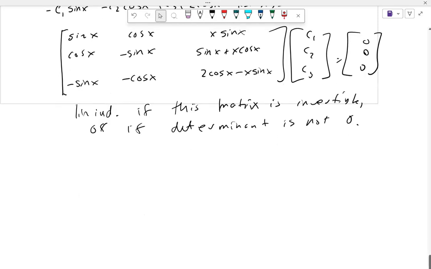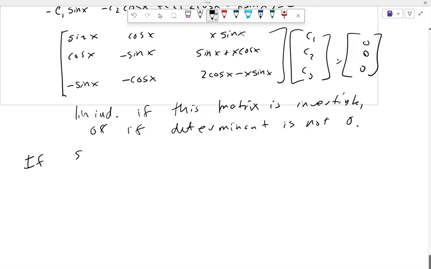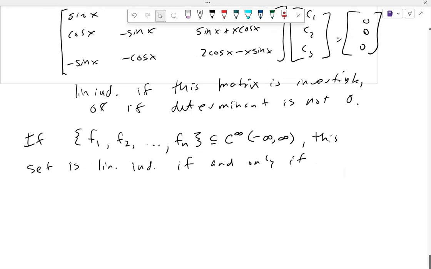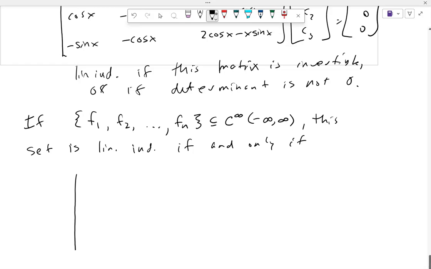All right. So if we have a set of functions, f1, f2, out to fn, which is a subset of C infinity, this set is linearly independent if and only if the determinant of the following matrix is not equal to 0.